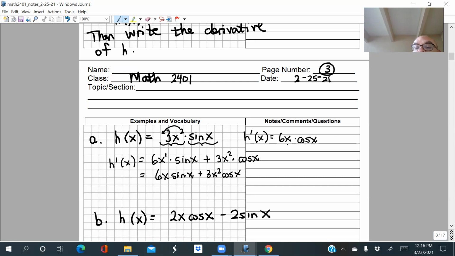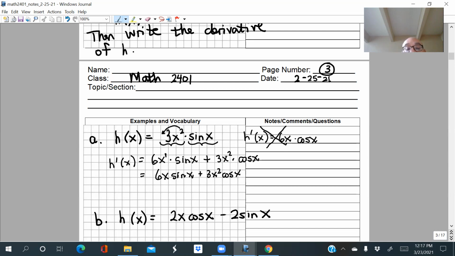So they write down the answer is 6x times cosine of x, okay? They just take the derivative of the first one, derivative of the second one, multiply them together. This is not the right answer, all right? This is not what you want to write down. The answer is kind of like this, but it's more complicated. You have to go through this alternating process. So it is the derivative of 3x squared, but then keep the sine of x, plus keep the 3x squared and take the derivative of sine of x.